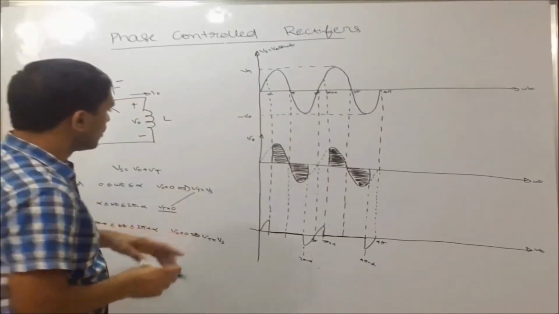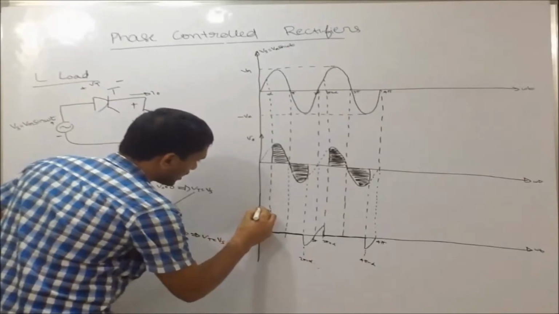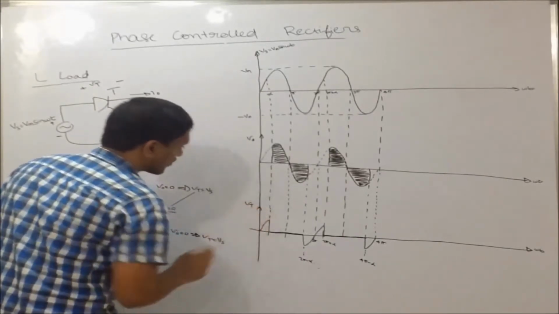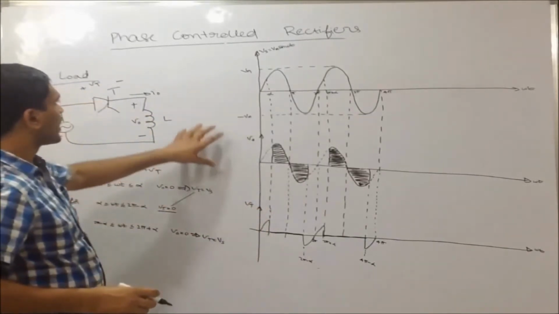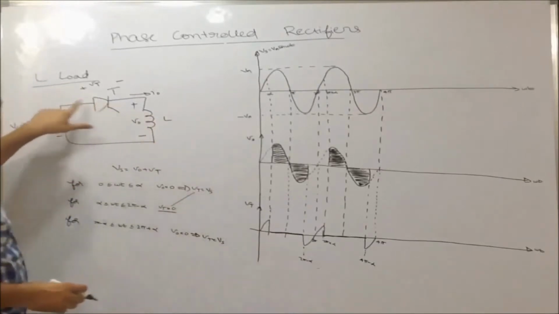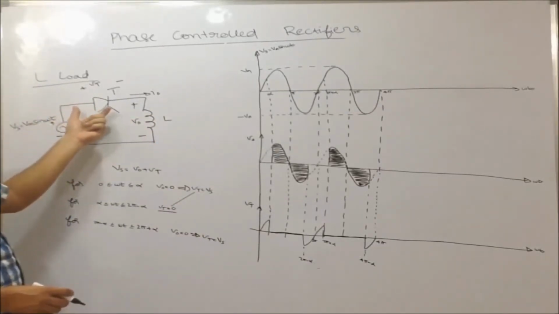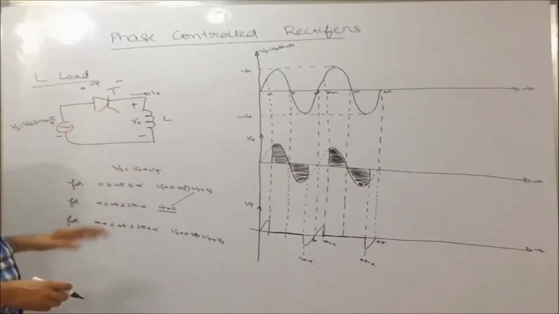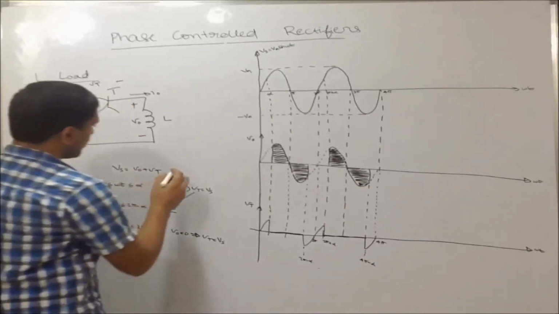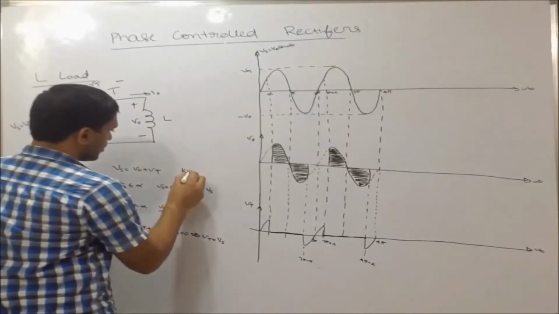So this is the voltage across the thyristor Vt. Again I am repeating. This is a series circuit. The supply voltage is nothing but the sum of Vt and V0. So that is the KVL. Applying KVL.